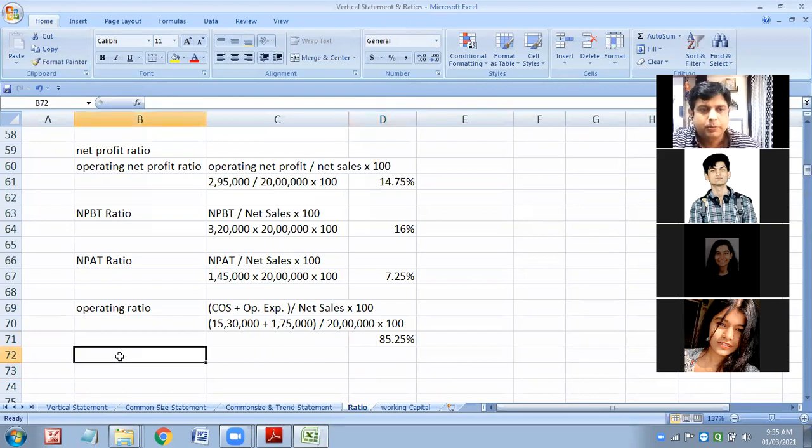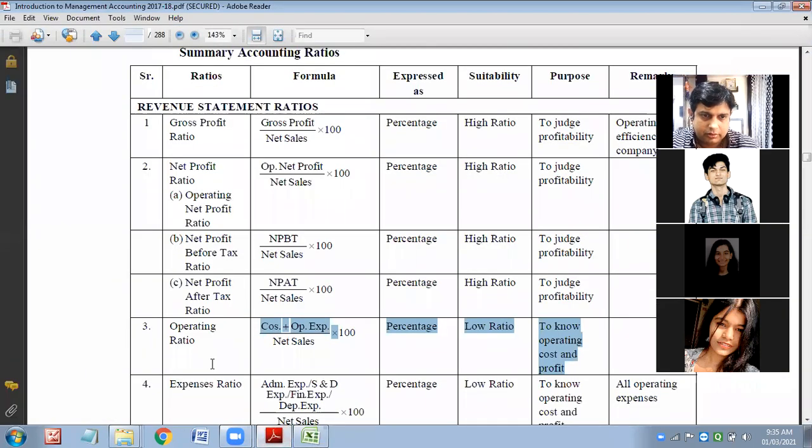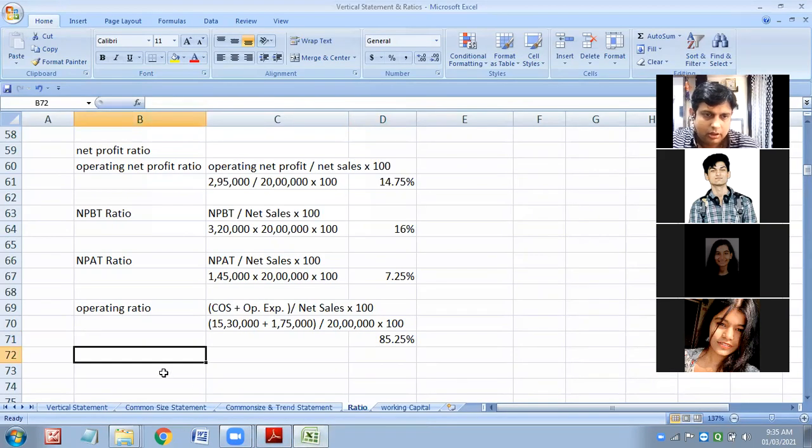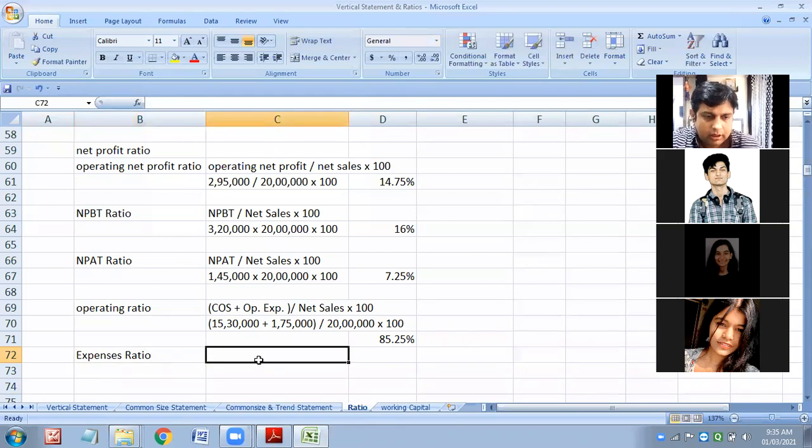Then expense ratios, all the different expense ratios, है ना? Chalo, be quick, fatafat. We have only 4 minutes. So what expenses do we have?